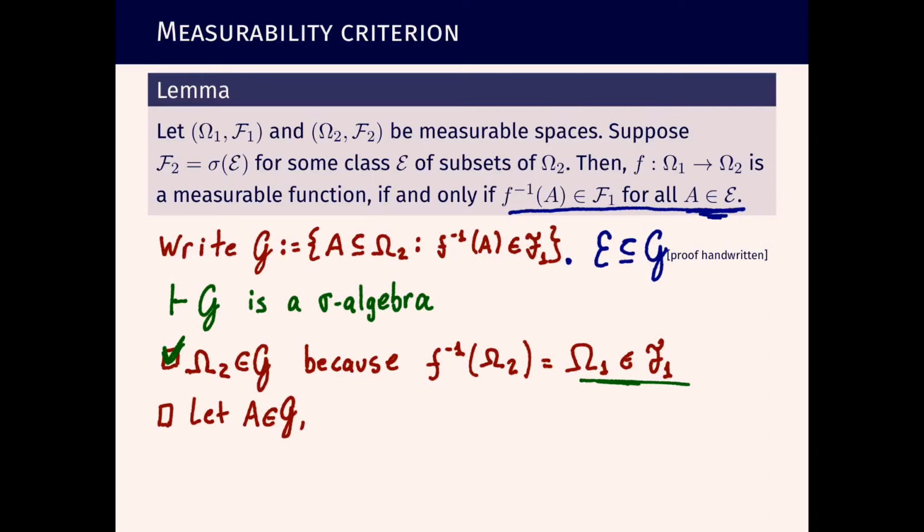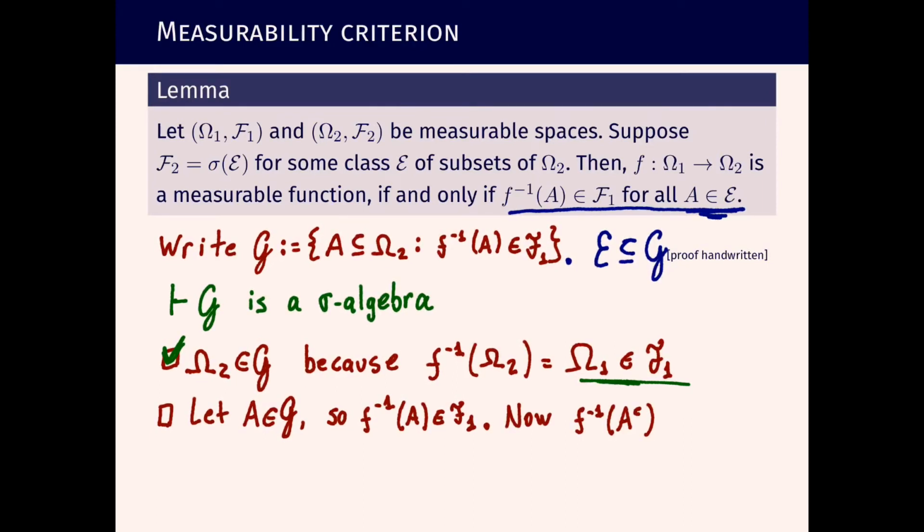Now for the second property, we take any set A in this family G, and we note that by definition, the set A being a member of the family G means exactly that the pre-image of A is a member of F1.